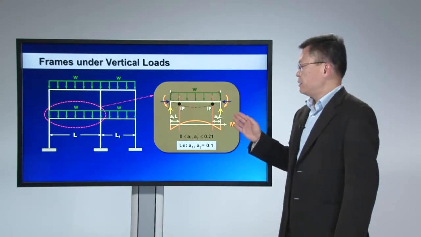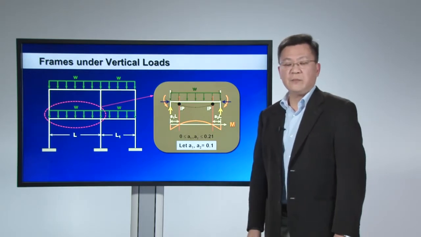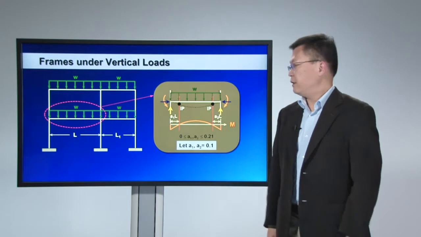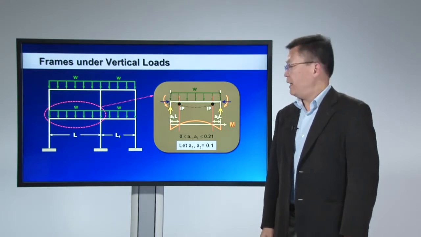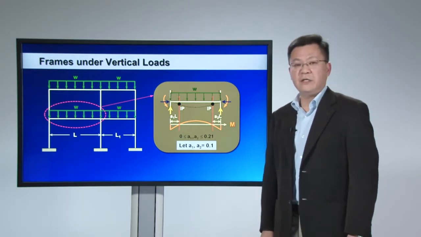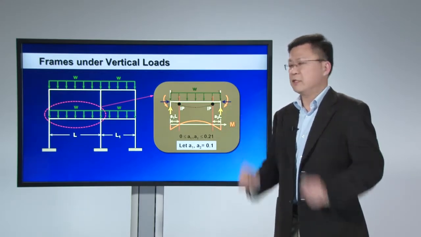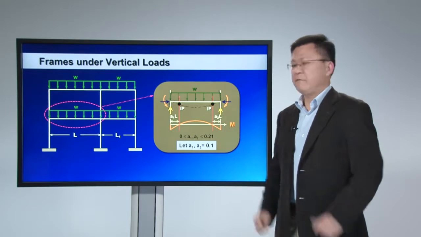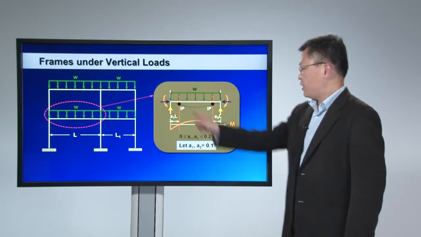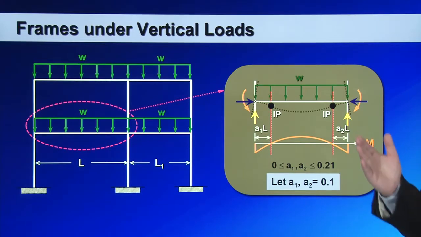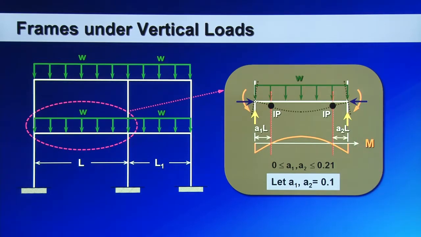We just saw that for simply supported conditions, the inflection points are at the two ends of the support, and for clamped conditions, the inflection points are at 0.21 L from both ends of the support. These boundary conditions are somewhere between simply supported and clamped.